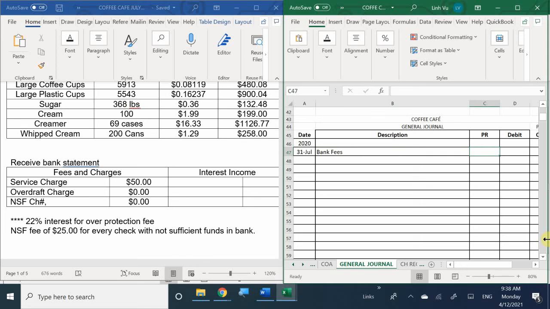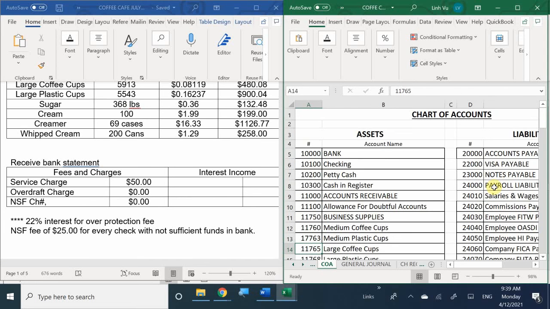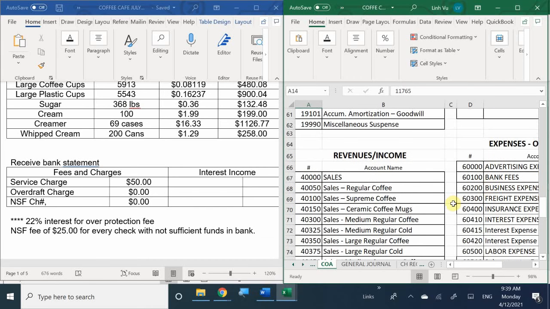which is an expense account. Okay, so bank fees. What account was my bank fees? 60100.